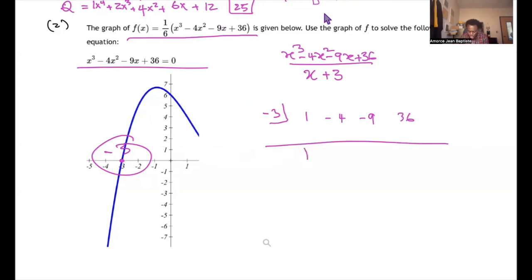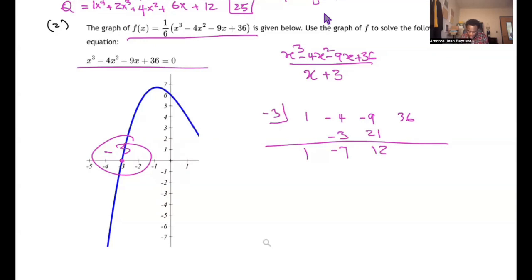multiply by -3, that's -3. So that's -7, positive 21. So 21 minus 9 is positive 12.